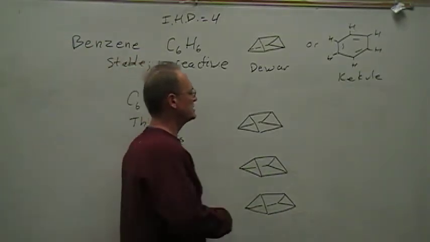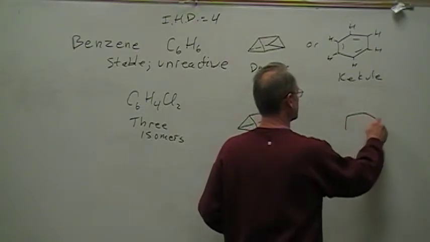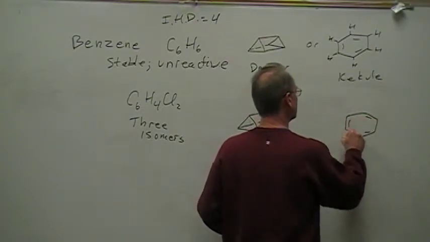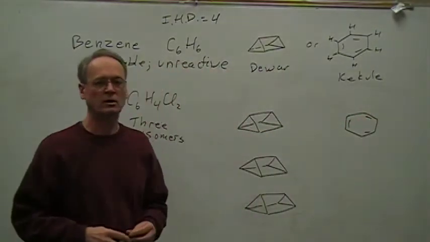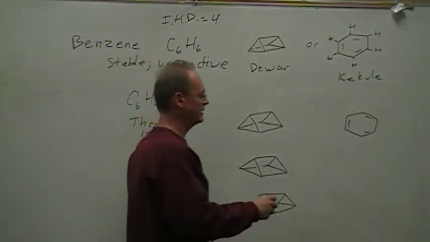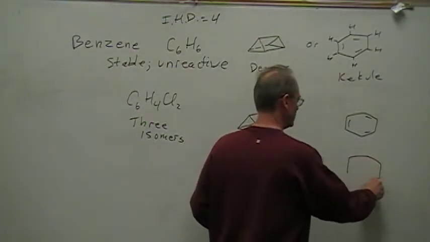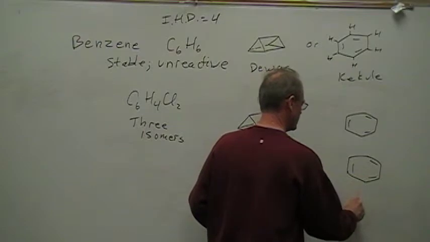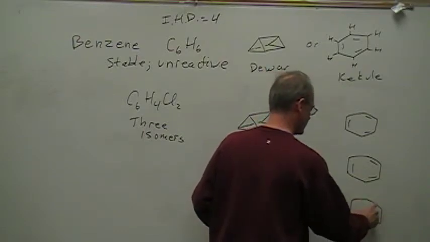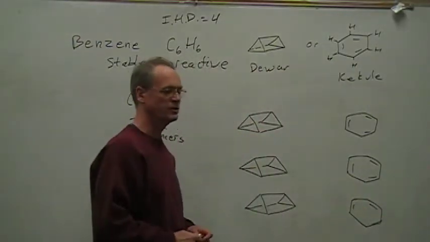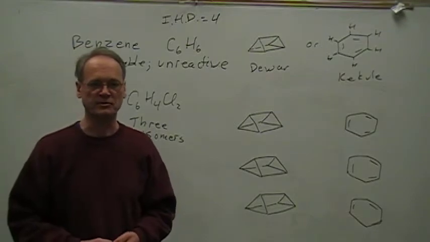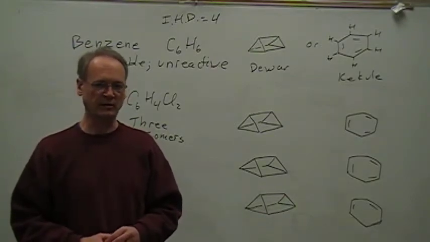Okay? And then same thing here, see if you can put 2 chlorines onto that skeleton, and again draw it 3 times, finding 3 different ways of putting 2 chlorines onto that skeleton. Okay, so pause the video for just a minute and do that little exercise.